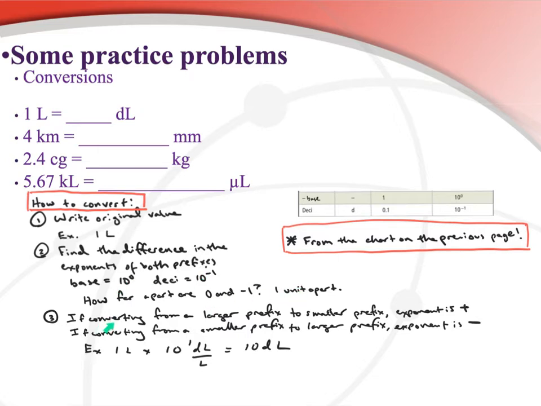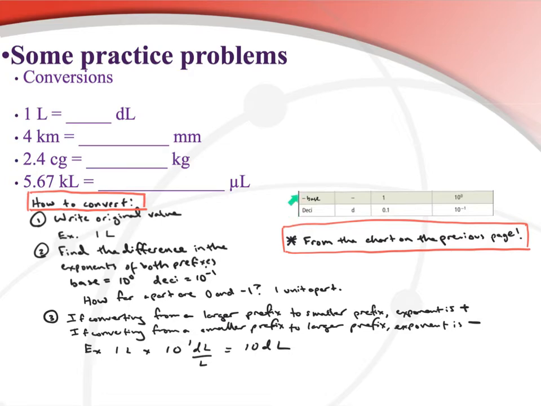And then the third step, if you're converting from a larger prefix to a smaller prefix, exponent is positive. If you're converting from a smaller prefix to a larger prefix, exponent is negative. Okay, so here, this is base unit, and this is deci. This is a larger unit compared to deci. This prefix is higher up than deci.